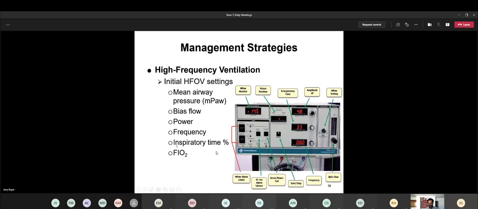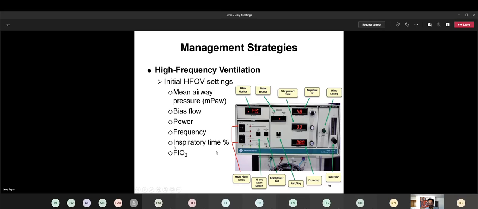These are going to be the main things here, the mean airway pressure for sure. And your bias flow is going to ensure that you're maintaining your mean airway pressure, as well as making sure that there's always some fresh air circulating in the system.